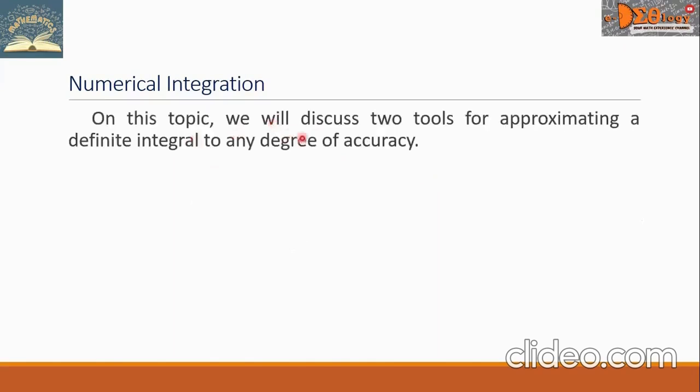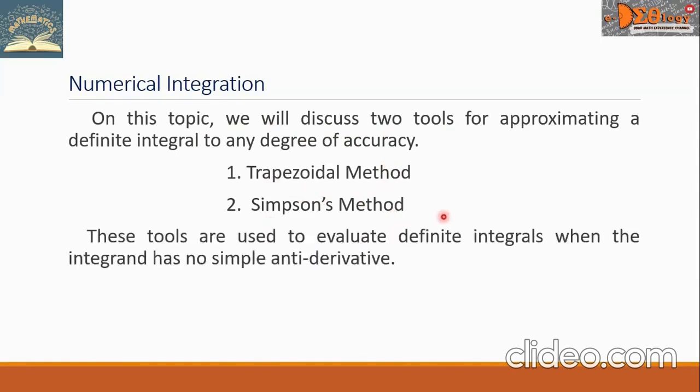On this topic, we will discuss two tools for approximating a definite integral to any degree of accuracy. There are two methods. The first is the trapezoidal method, followed by Simpson's method. These tools are used to evaluate definite integrals when the integrand has no simple antiderivative.